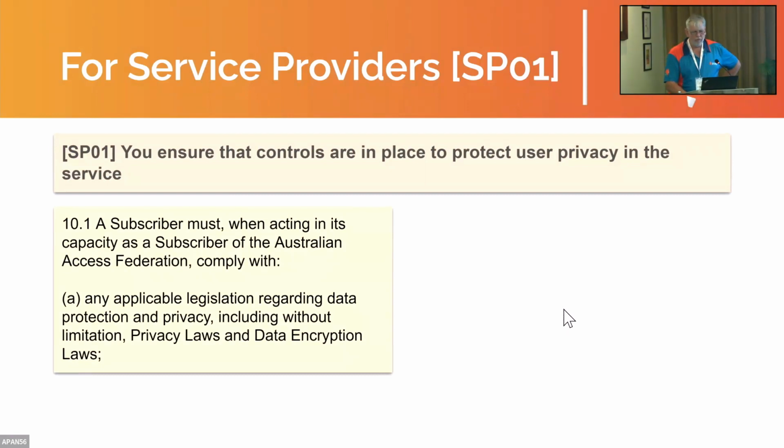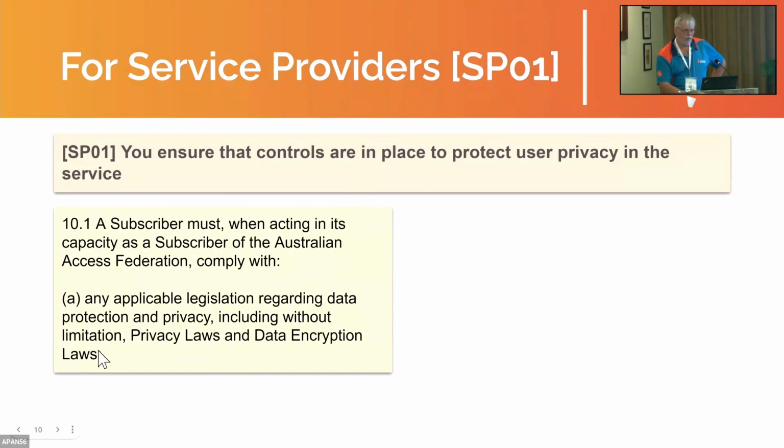So again, we've got all this same set of stuff. We've got the rules that apply for each of these controls. Subscriber, when acting in capacity as a subscriber to the Federation, will comply with any applicable legislation regarding data protection and privacy, including without limitation privacy laws and data encryption laws. So that's in our Federation rules.